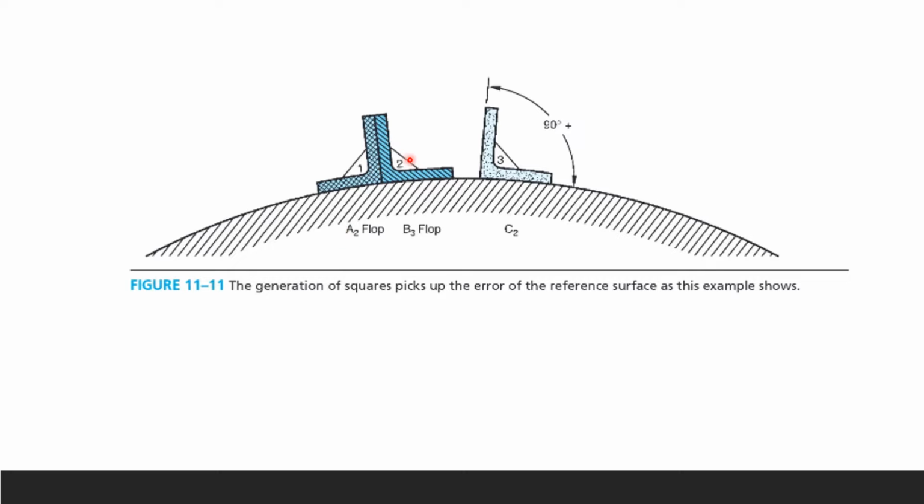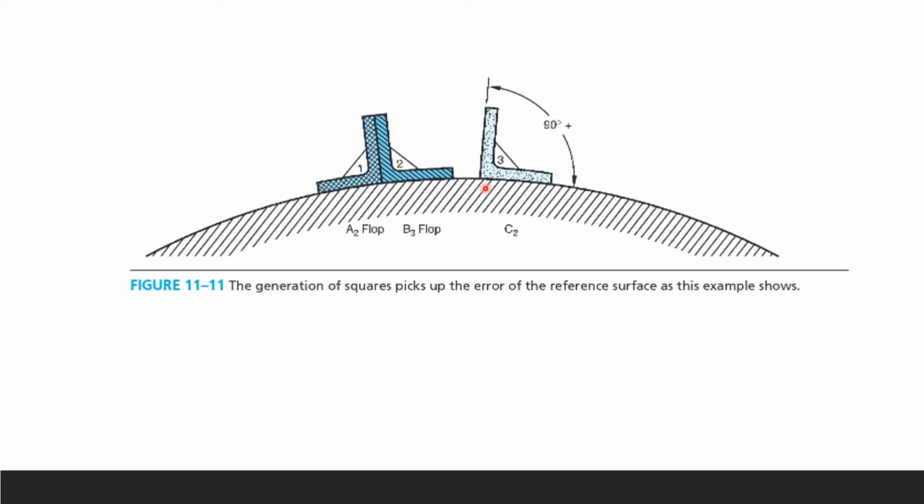Now we're going to use the generation of squares again. If you use it on a curvature like this, a circular surface, it can usually pick up the error of the reference surface. So here, from here to here, it is definitely 90 degrees because that's your square.